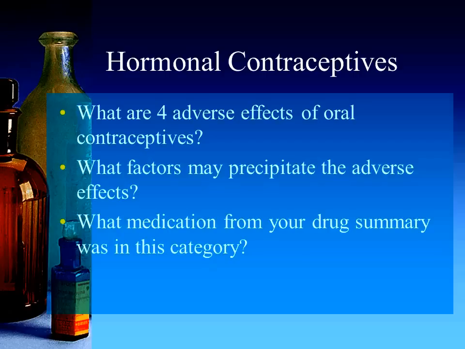Now, there are things that will make these adverse effects more prevalent: smoking, hypertension, obesity, and diabetes. If someone has one or more of those, they are much more at risk of any of those adverse effects from using hormonal contraceptives.